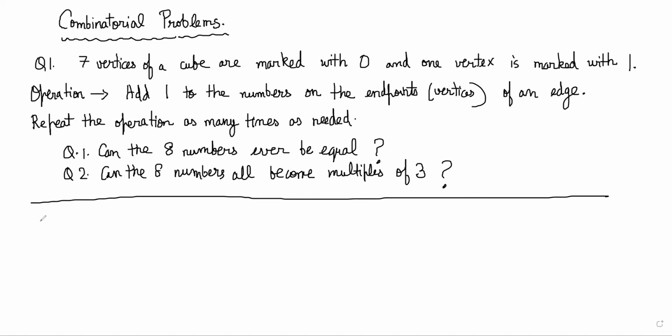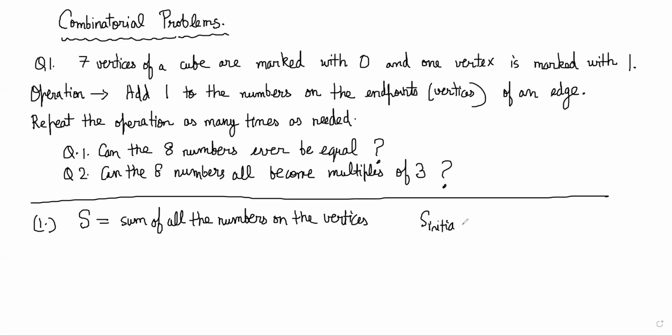To think of the first part of the question, think of the sum S of all the numbers on the vertices. You can see that S initial is equal to 1, right?